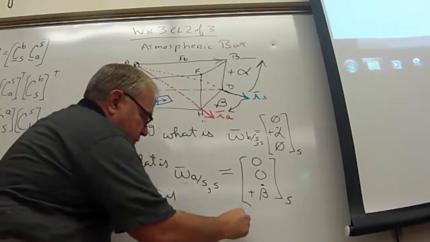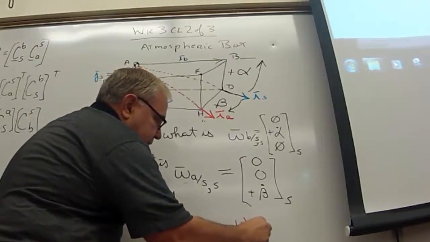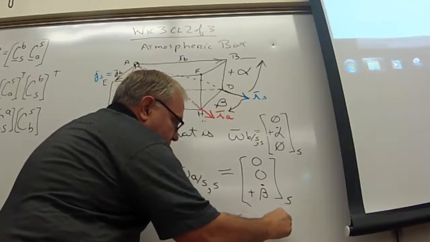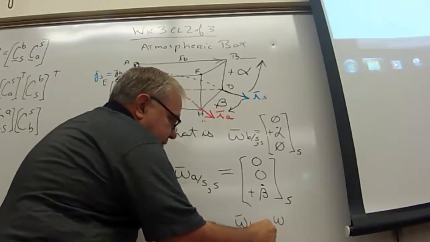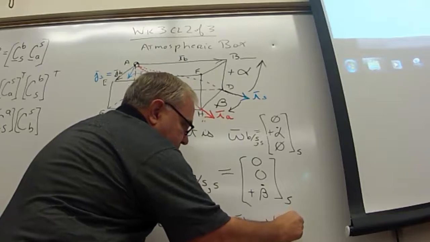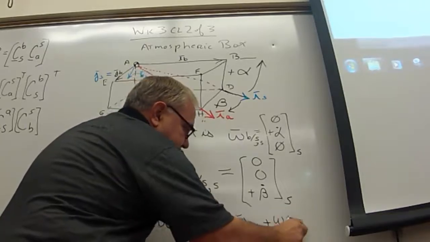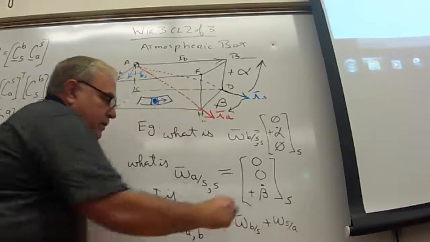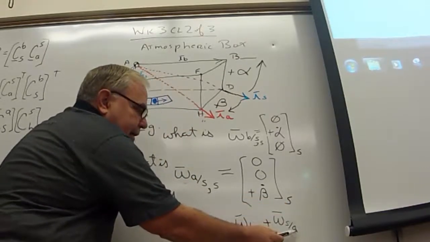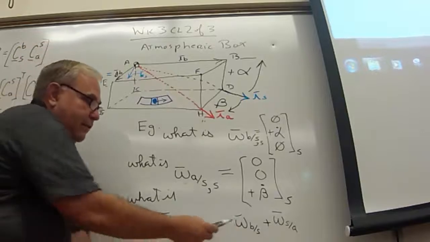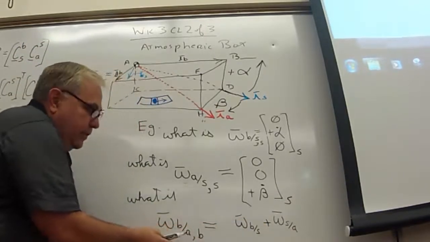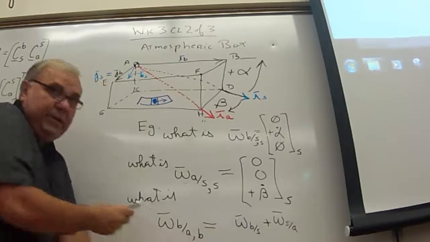Let's suppose I have omega B slash S in some coordinate frame, and then I add omega S slash A. This takes me from A into S. Would that work? So I have omega from A into S, and I have omega from S into B. By relative angular velocity, that should give me the angular velocity from A into B.